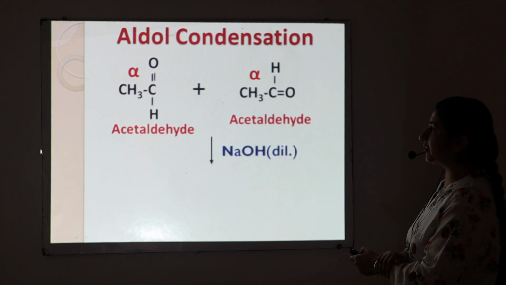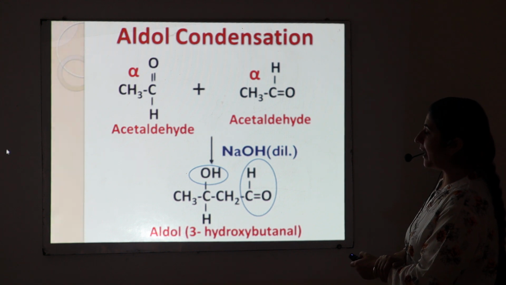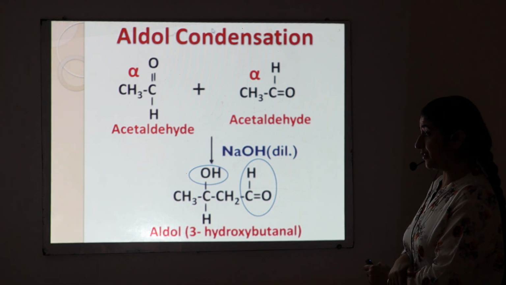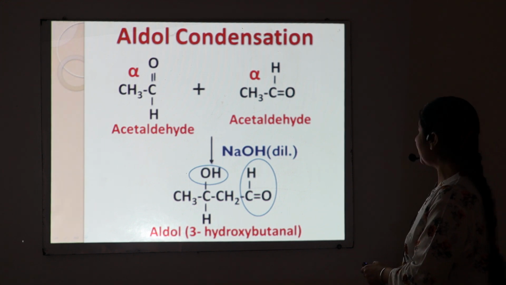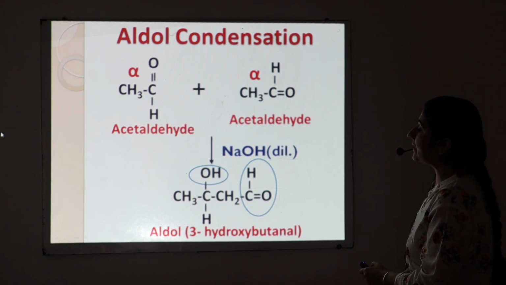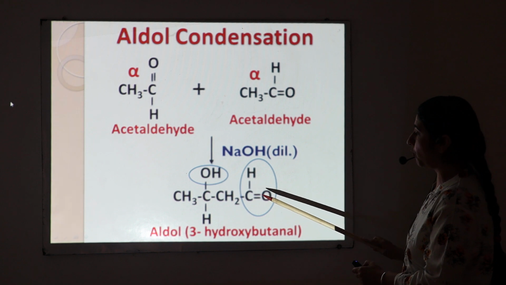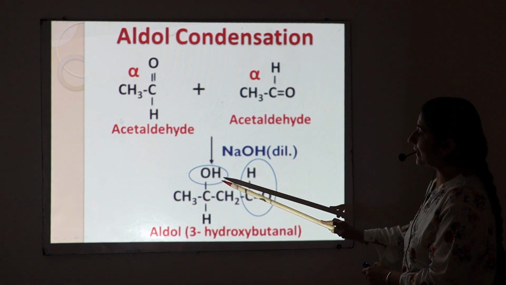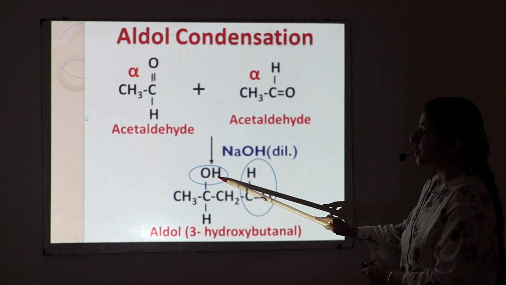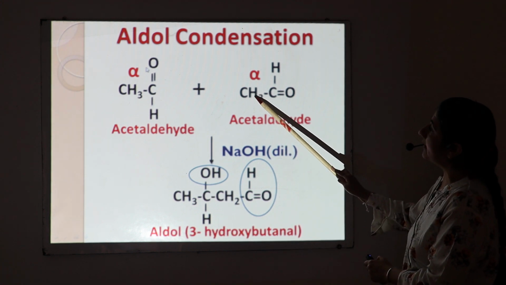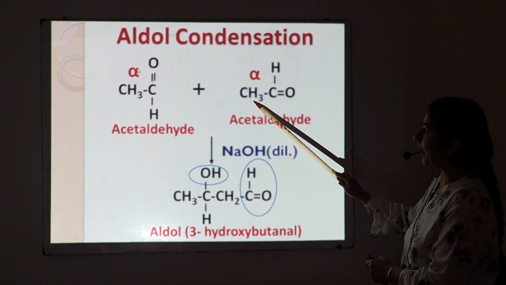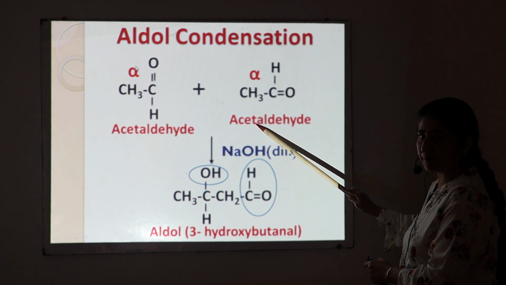During their reaction, it forms aldol as the final product, which is also known as 3-hydroxybutanal. Why do we call it aldol? Because it contains two functional groups: one is aldehyde and the second one is alcohol. How does it actually take place? There is one alpha hydrogen atom in one aldehyde molecule.